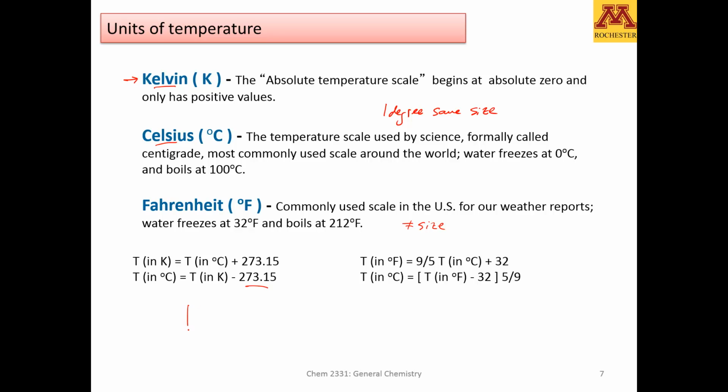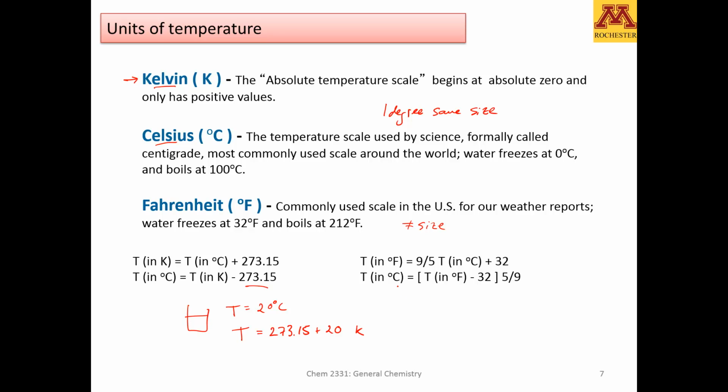So if you have a solution that is at a temperature of 20 Celsius, what is the temperature in Kelvin? Well, in this case, the conversion is just adding 273. So 273 plus 20, and this will be in Kelvin. Okay.